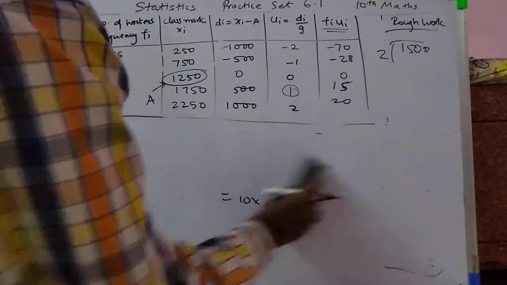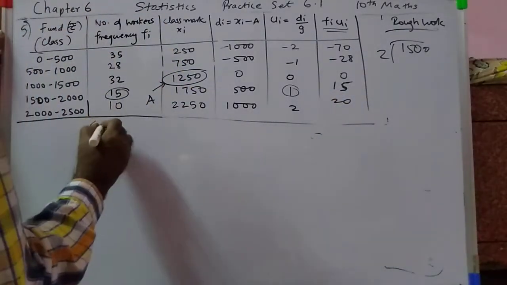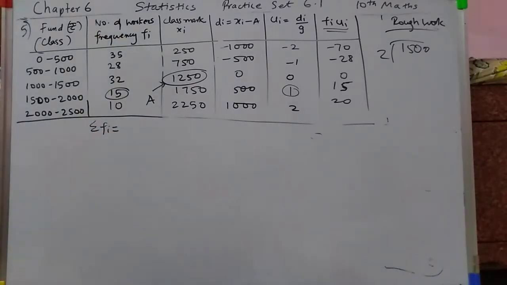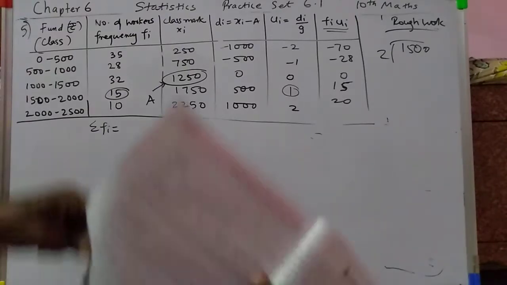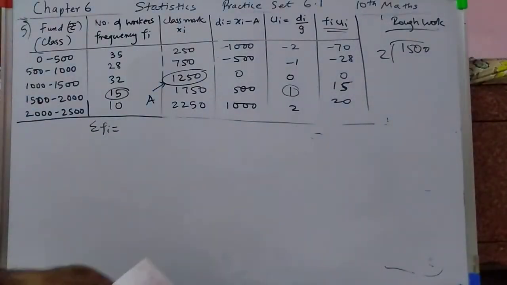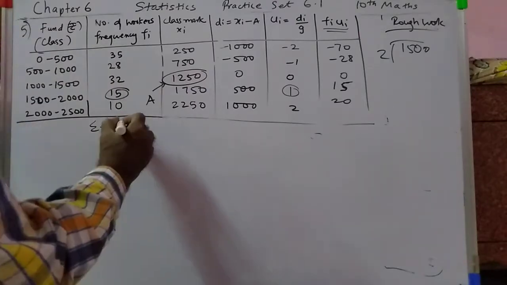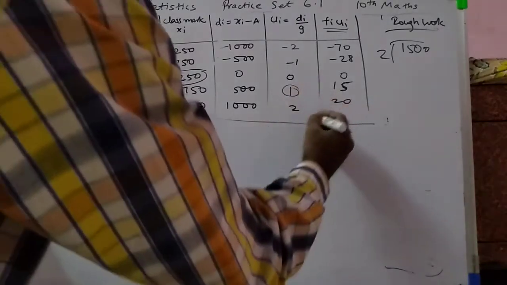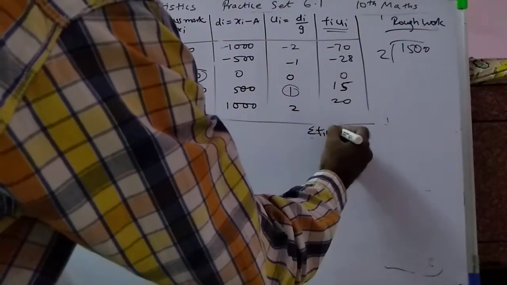I have to add it. That's all. I take the summation of fi. You add it and you get the total. It should match, otherwise it is wrong. Calculate summation of fi ui.